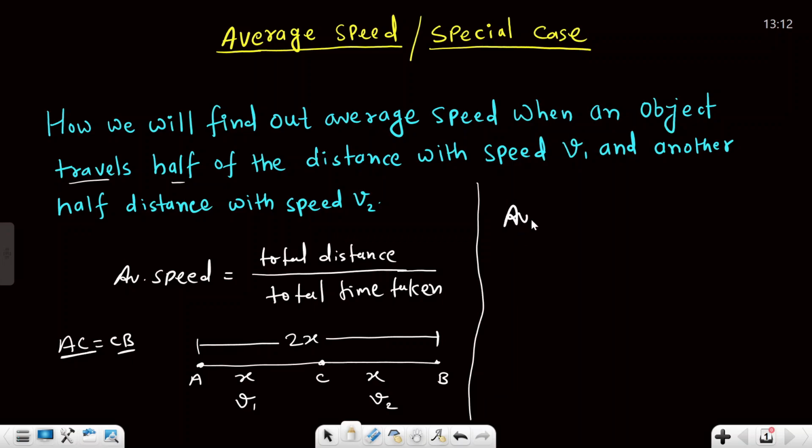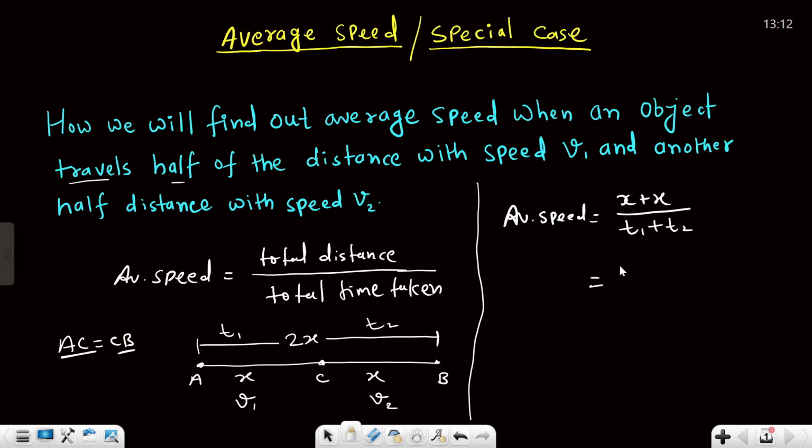So in this case, we have to find out the average speed. Average speed is equal to total distance. So the total distance from A to B is x plus x, divided by total time. Here from A to C we take time t1, and from C to B time t2. So we can write t1 plus t2.